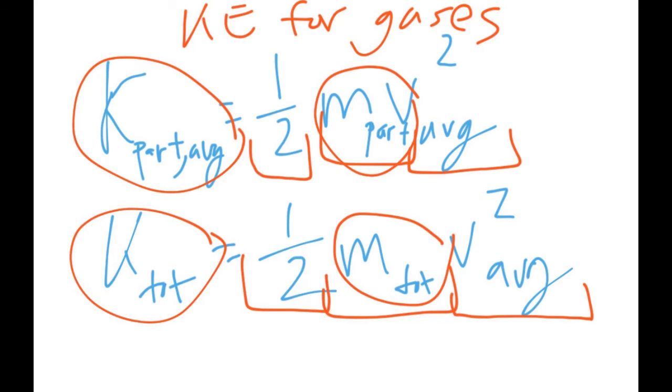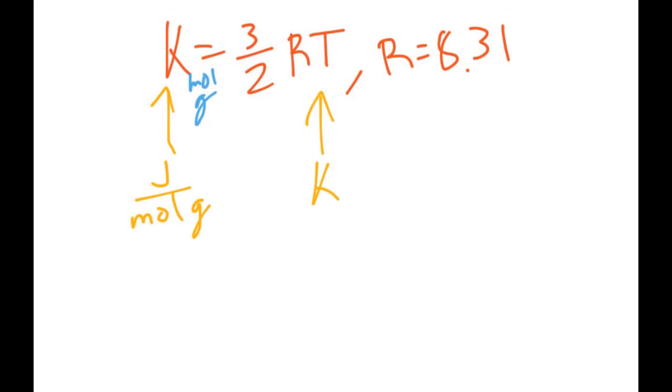So usually you never use these equations because for the most part, we tend to not be able to calculate the average velocity of the particles since that takes a lot of equipment. So scientists like to use this formula instead, which gives us an easier way to calculate the kinetic energy per mole of gas.